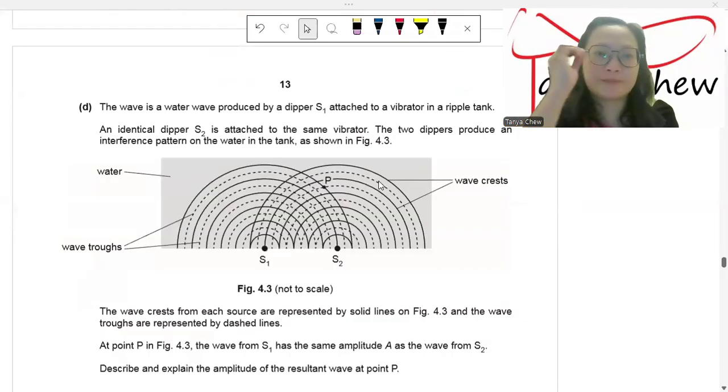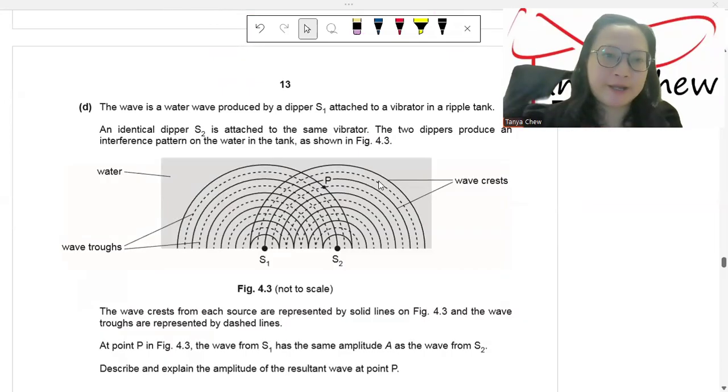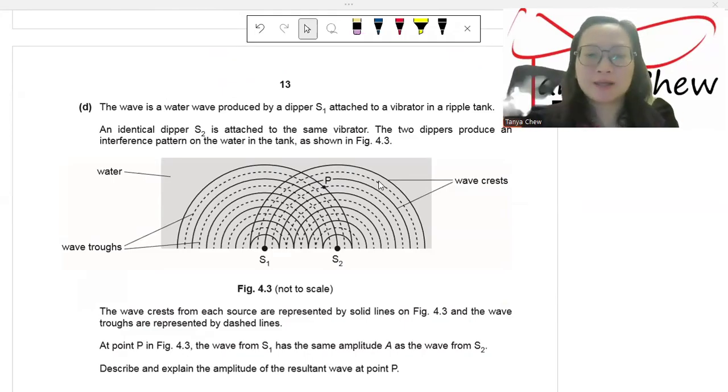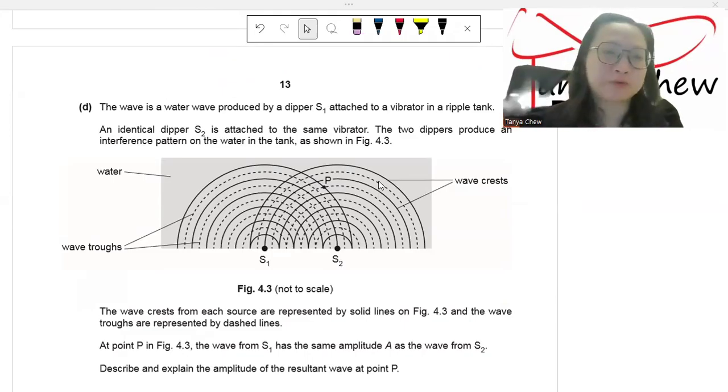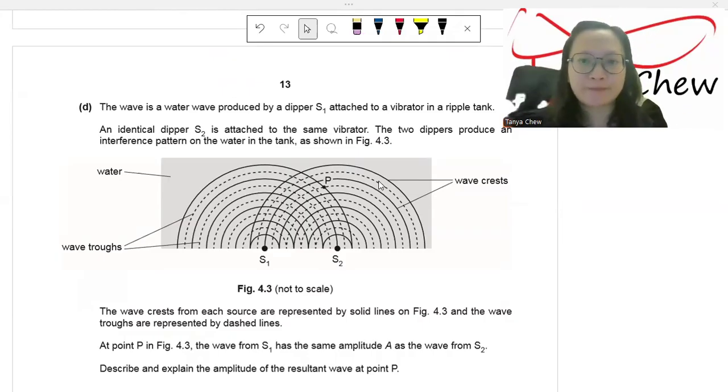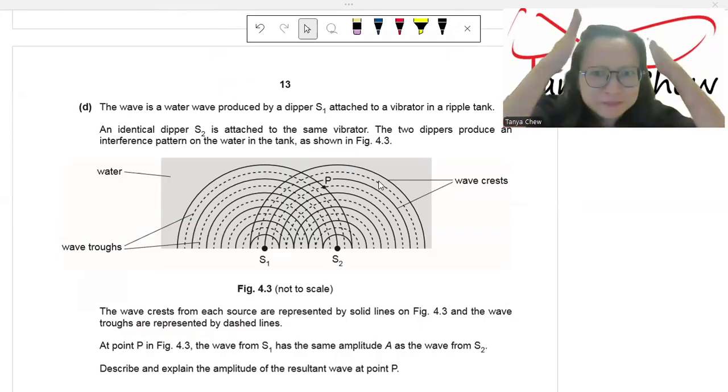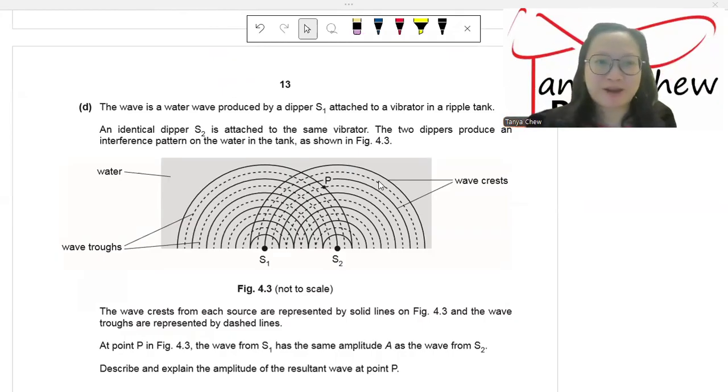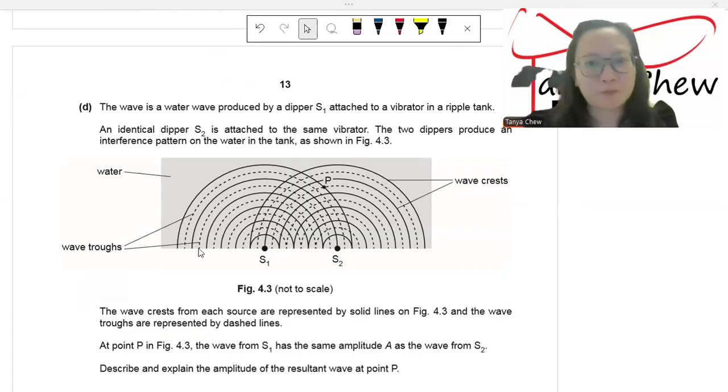Now, part D. The wave is a water wave produced by a dipper S1 attached to a vibrator in a ripple tank. An identical dipper S2 is attached to the same vibrator. The two dippers produce an interference pattern on the water in the tank as shown in Fig 4.3.